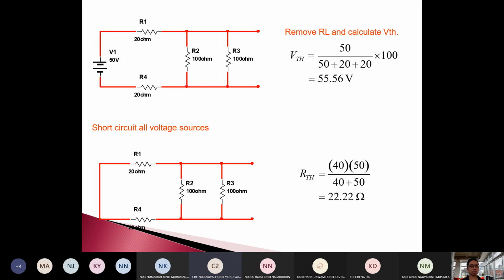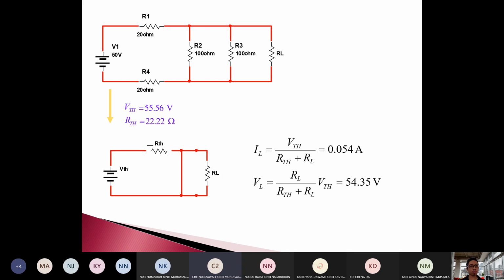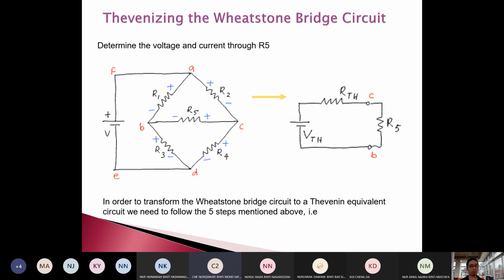So you know what your VTH is, and you will be able to calculate your VTH like this as well. Use the values of resistance of both of those, and then the value of V that is given from the previous slides.